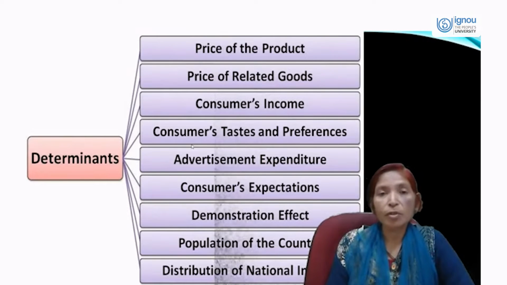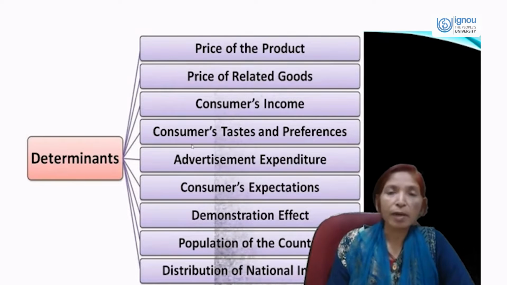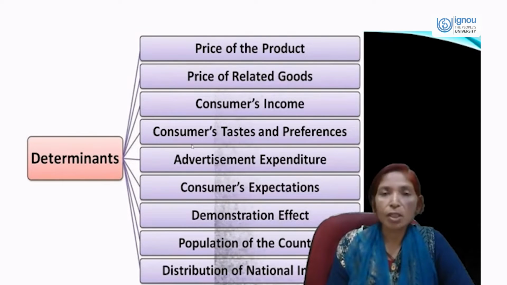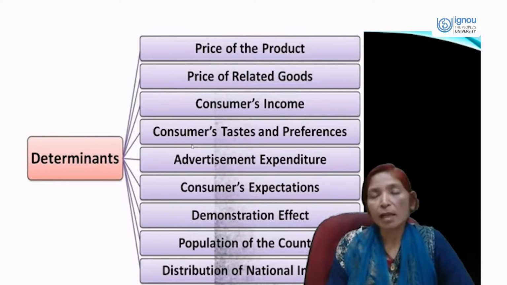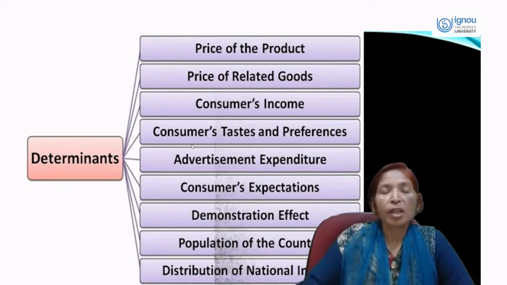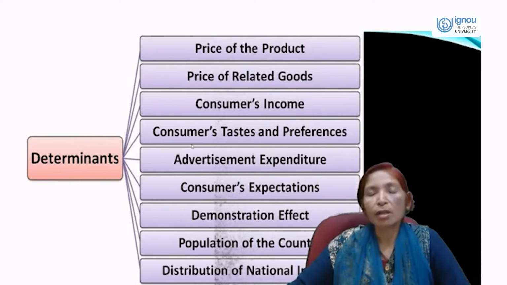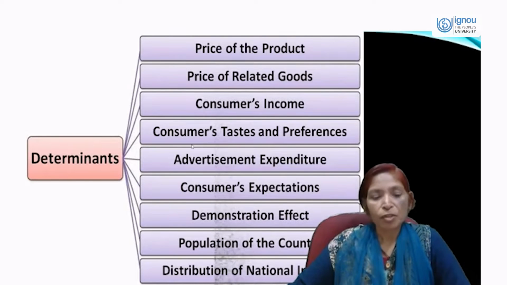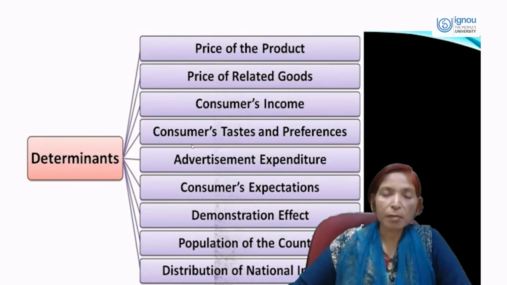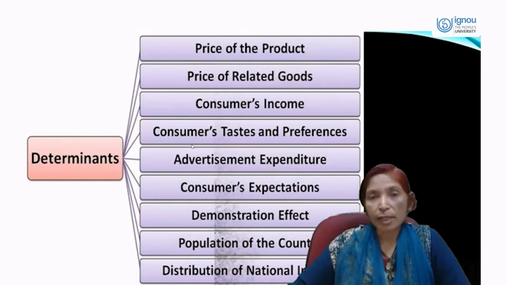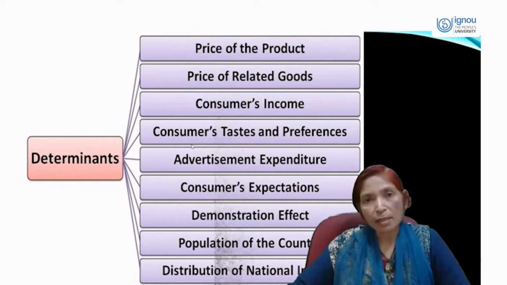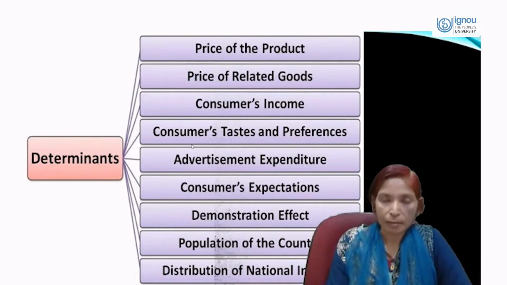But if income distribution is unequal, then society will divide into two categories: one is rich, the other is poor, the haves and the have-nots. Very few people will be rich and most of the country's people will be poor. In this case, aggregate demand will fall. So if distribution of income is equal, then demand will rise, and if income distribution is unequal, then demand will fall.